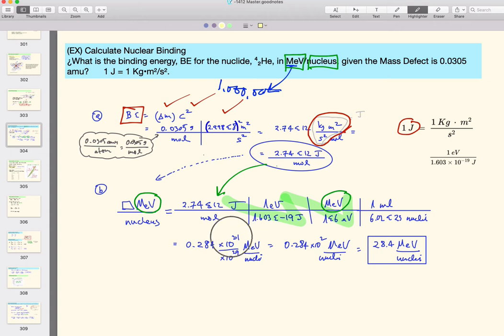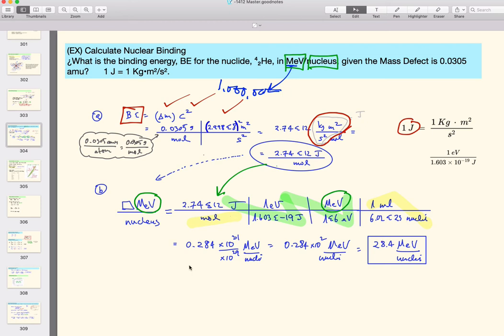How about the other one? We're going to go from mole to nuclei. I know in 1 mole of anything, there's 6.02 times 10 to the 23rd of those things. A nucleus is a thing, so Avogadro's number will work.